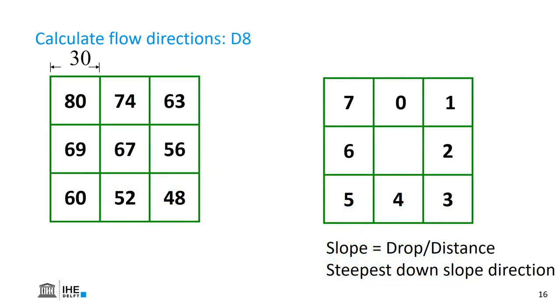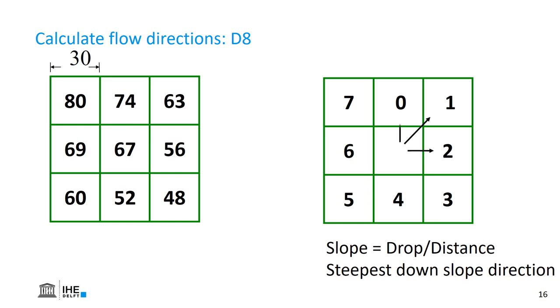Let's have a closer look how to calculate the flow directions using the D8 algorithm. On the left side, we see the elevations. Each pixel has the elevation in meters, and we are looking at the center cell, and we need the information of the surrounding cells because it's a focal operation like with the slope calculation. The spatial resolution is 30 meters, so the pixels are 30 by 30 meters.